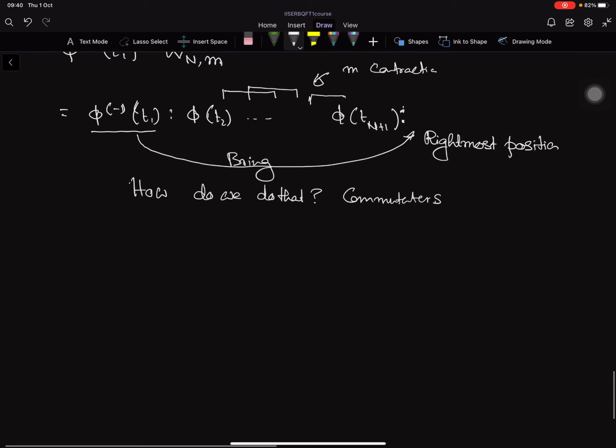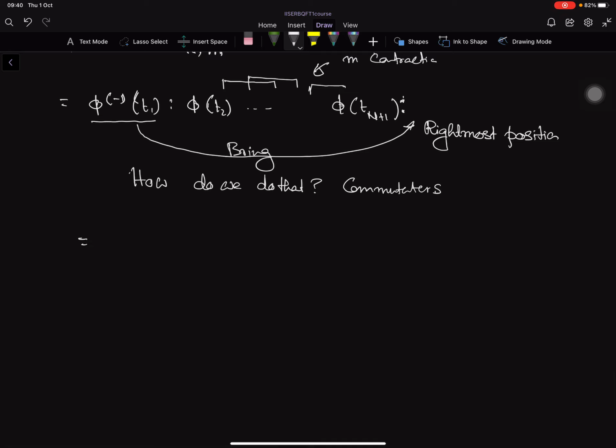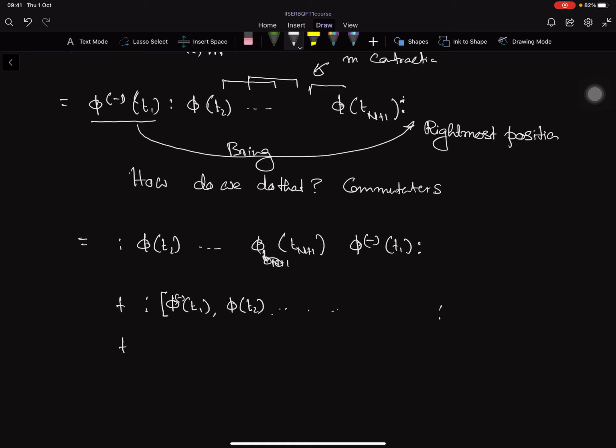If I do that, the end result will be phi T2 dot dot dot Tn plus 1 and phi minus T1, and then plus you have this quantity here, for example phi minus T1 commutator with phi T2, dot dot dot, and more such terms.